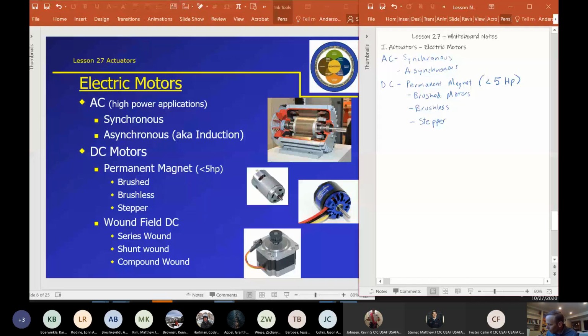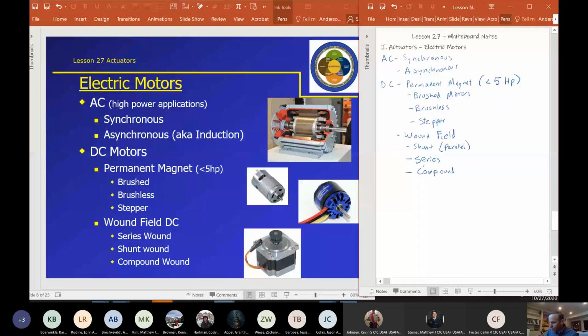There's shunt, also known as parallel, there's series, and there's compound wound. We'll talk about what all those mean and the various characteristics you get from those different designs. Each of these three designs has different strengths and weaknesses, and so gives you a different type of behavior for the motor.